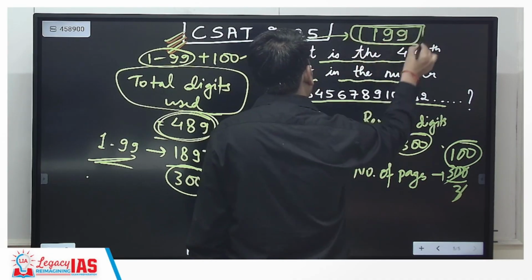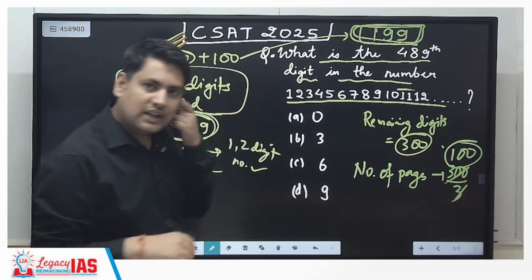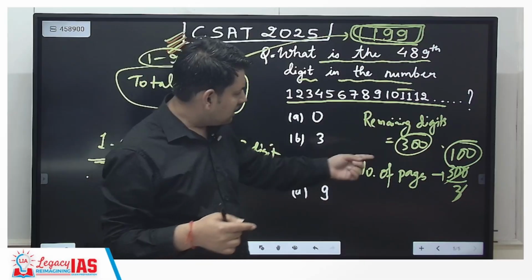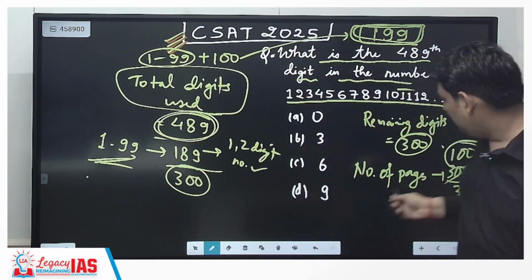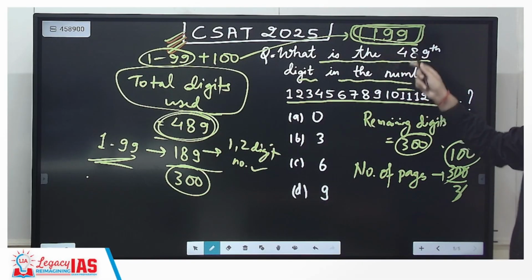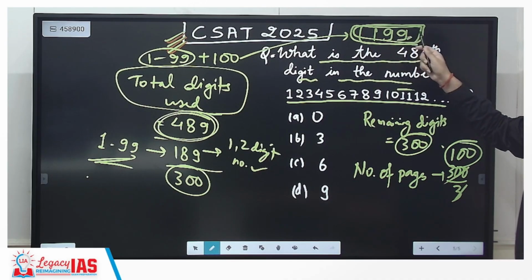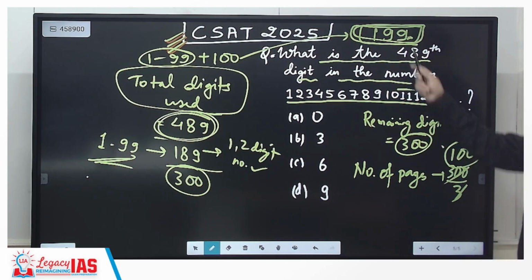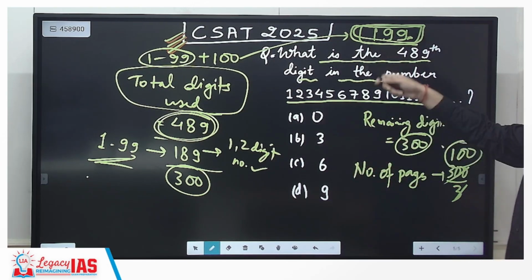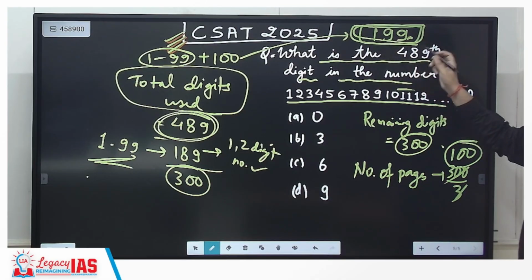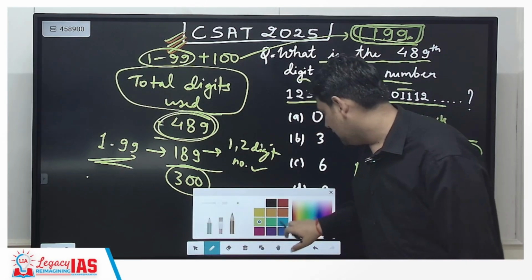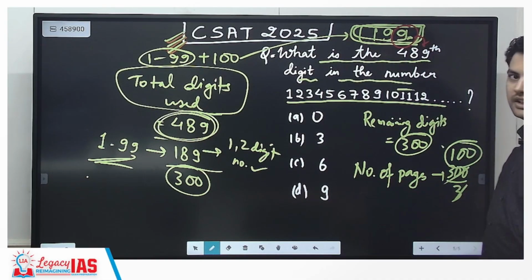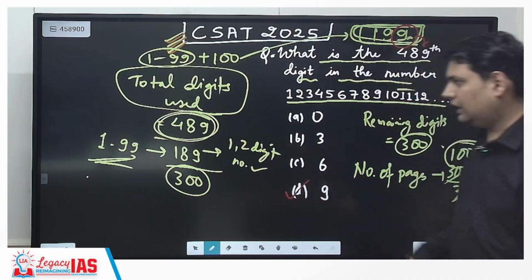This is the last number which is represented by the 489th digit. And because it is dividing completely, it will be the last digit of this number which will be the 489th digit. So what is the last digit of 199? The last digit is 9. So this will be the 489th digit. So you get to the answer 9.